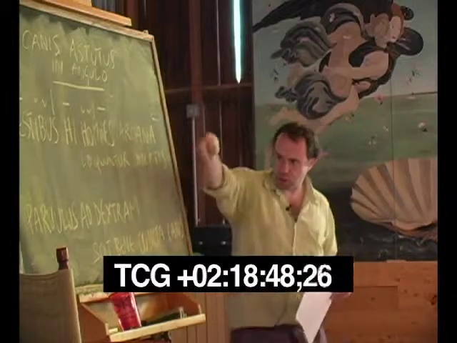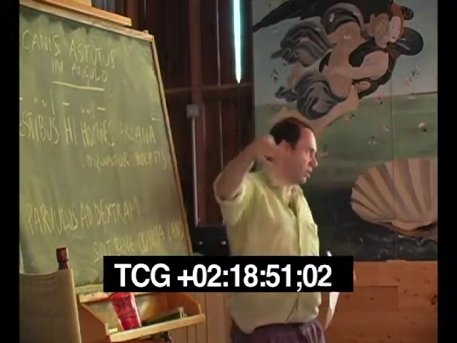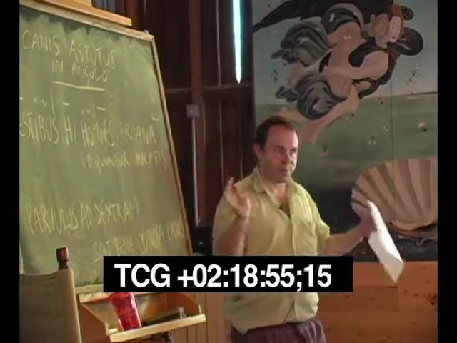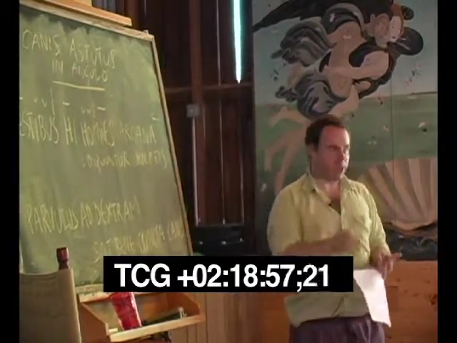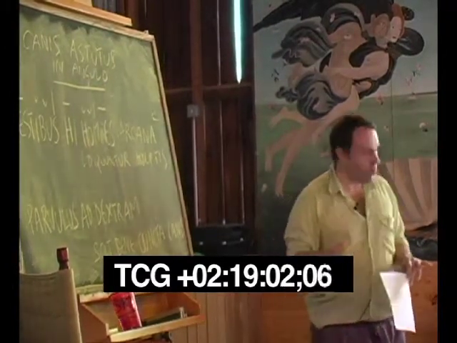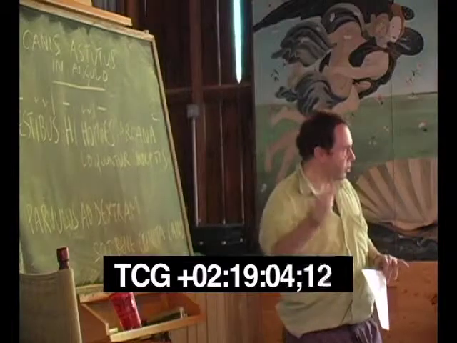Parvulus canis, the little dog, ad dextram, on the right-hand side. Scit bene cuncta, knows everything very well. In other words, the dog is just looking at us and thinking its thoughts and is very aware of all the secrets. But we just have to imagine, as viewers of the picture, what the secrets are.